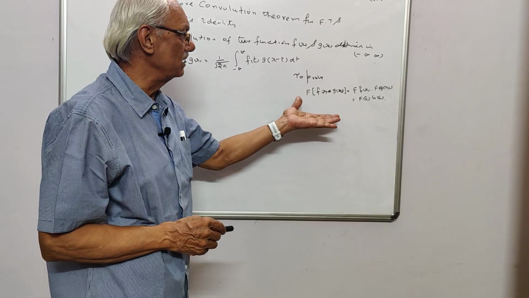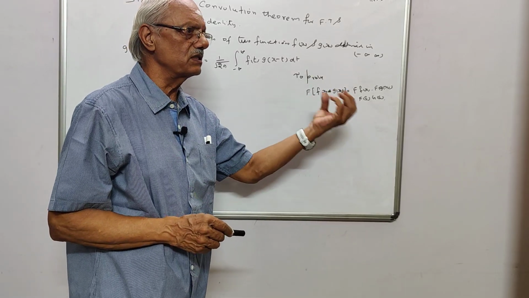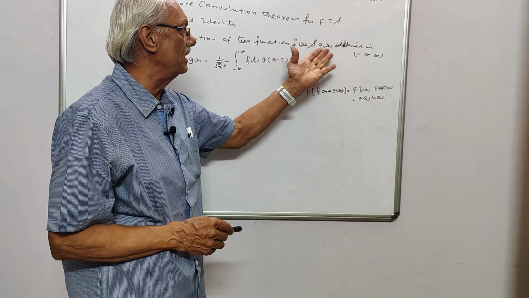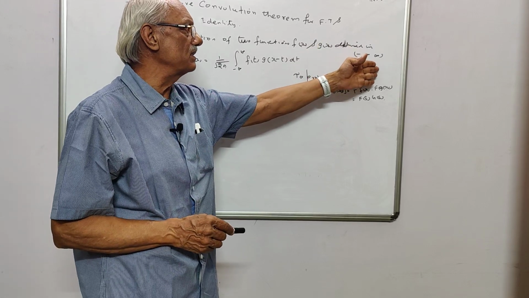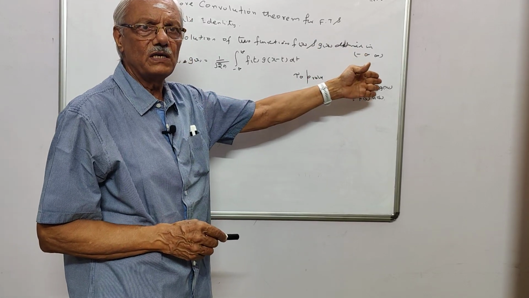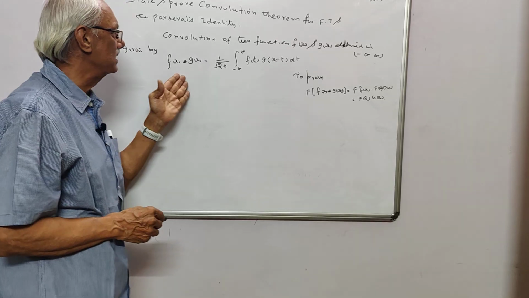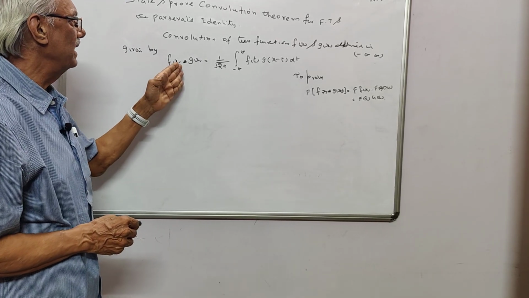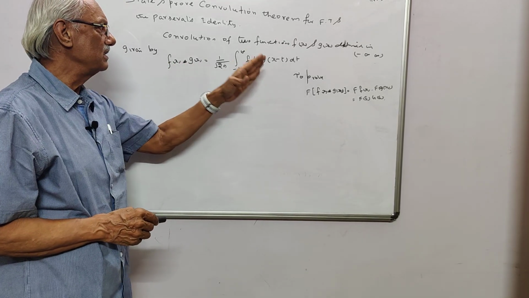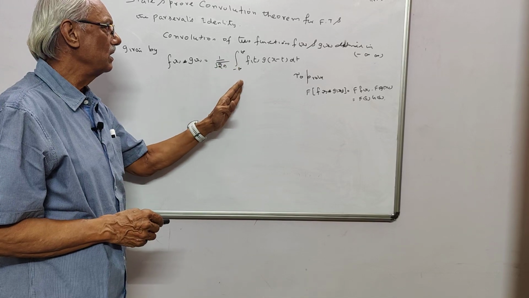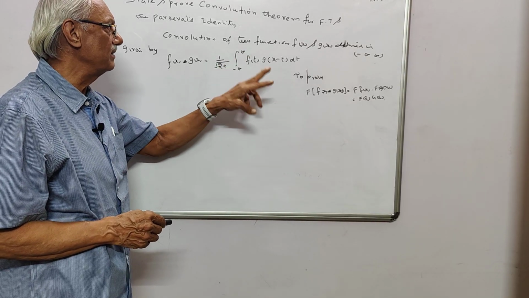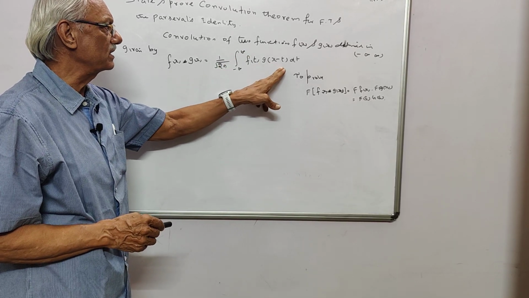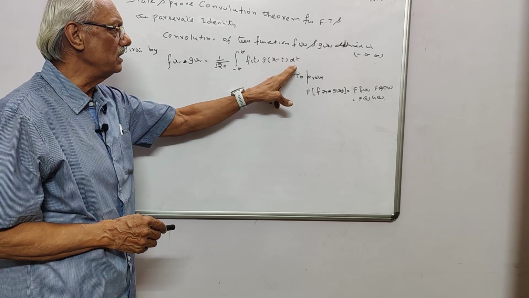This is the convolution theorem. So if two functions f of x and g of x are defined in the interval minus infinity to plus infinity, then the convolution is given by f of x star g of x is equal to 1 by square root of 2 pi, the integral of minus infinity to plus infinity f of t into g of x minus t into dt.